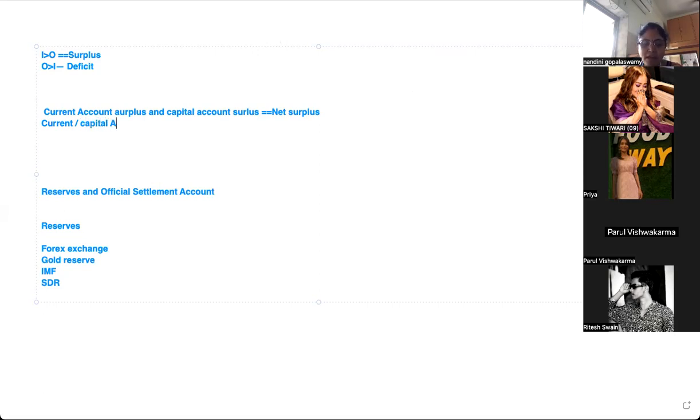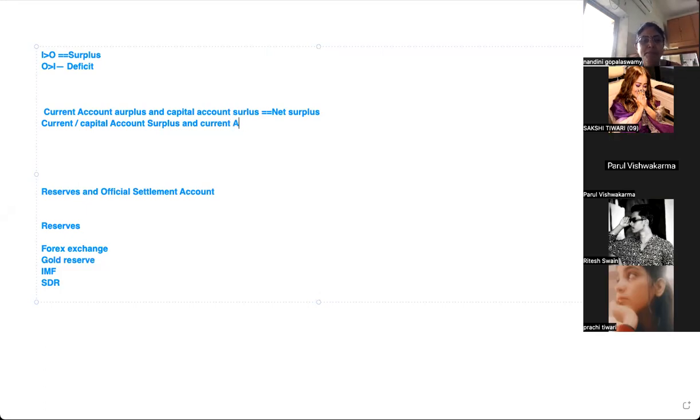Current और capital account surplus, and दोनों में से एक में डेफिसिट है, net of current slash capital account deficit is equal to net surplus, ठीक है। तो भी we will add on, करंट अकाउंट का जो भी डेफिसिट है, कैपिटल अकाउंट में सरप्लस है तो उसमें से सेटल करेंगे, और भी थोड़ा सा सरप्लस बचा तो we add it to your reserves. So पहले फॉरेक्स में डालते हैं, which is the most liquid, then we have it in gold reserve, then IMF, then SDR. समझ में आ रहा है क्लास?